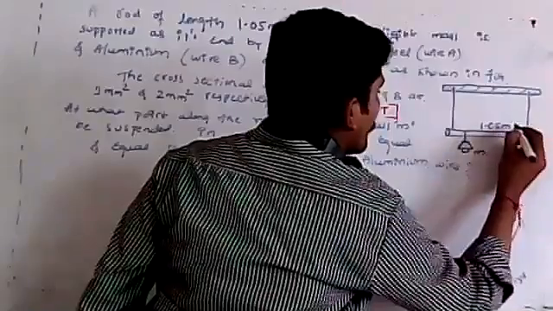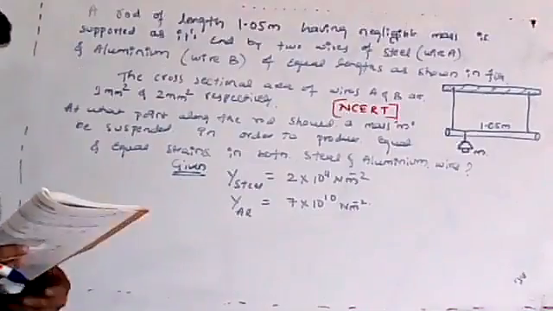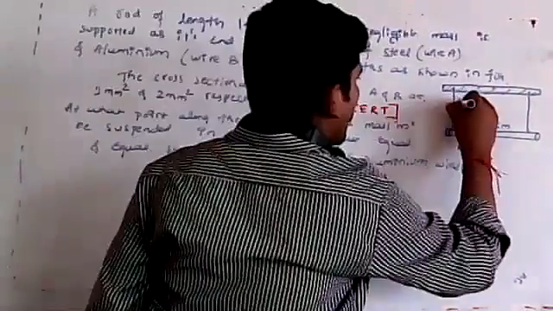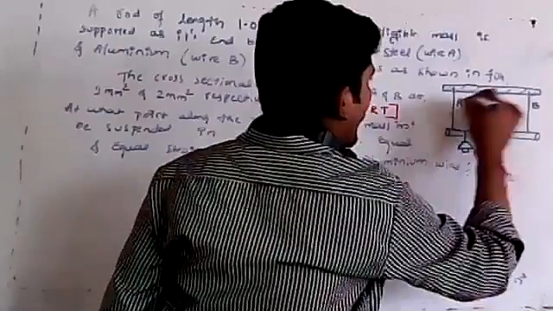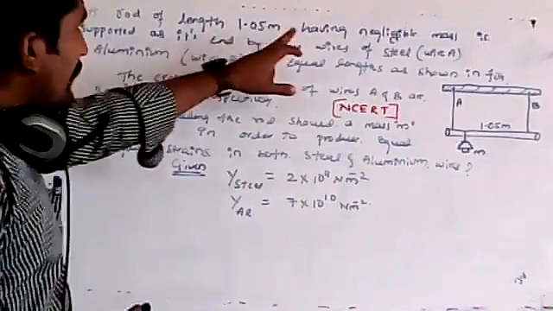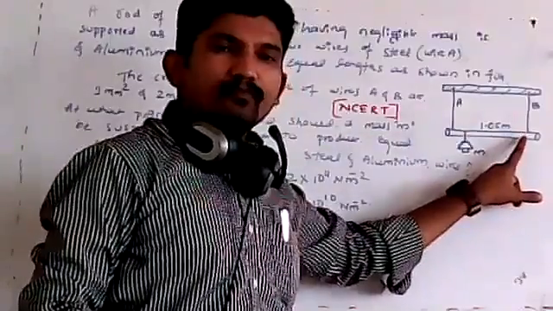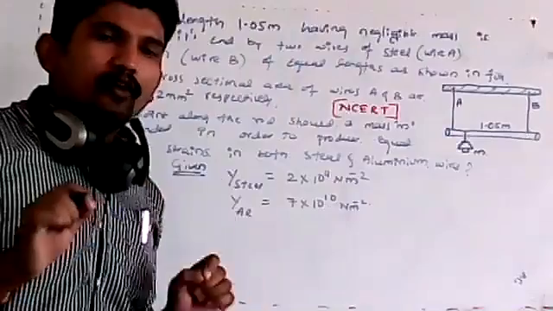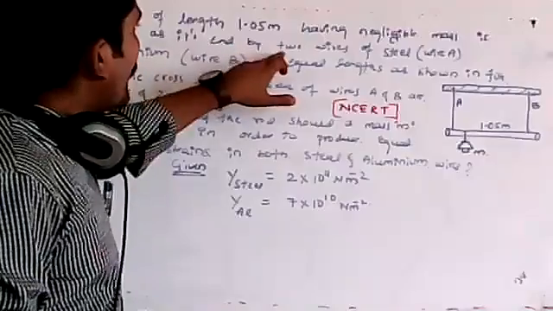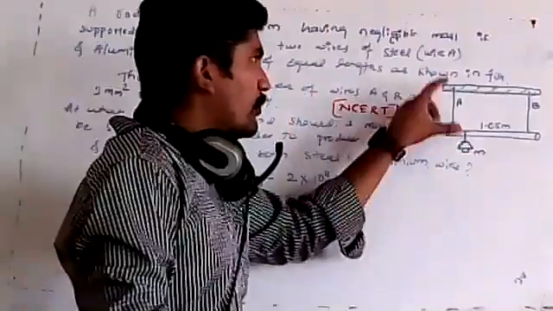The length of the rod is given, 1.05 meter. The wires we have to consider, one is steel, another is aluminum. Let us consider A and B, they given in the problem itself. A rod of negligible mass, very thin rod we can say, supported at its ends by two wires, steel and aluminum of equal lengths. This is also very important.